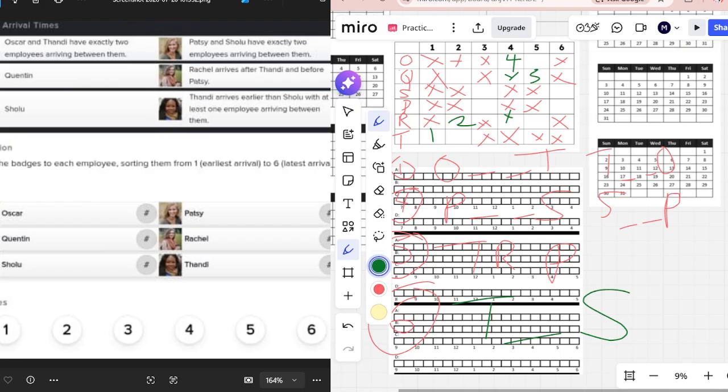So now we have to schedule Rachel and Sholu. We can put Sholu as number 3 and Patty as number 6. That solves the question.